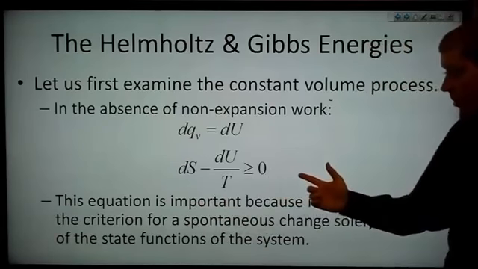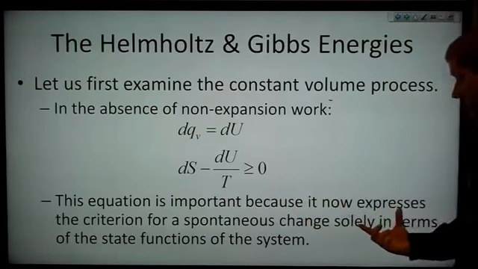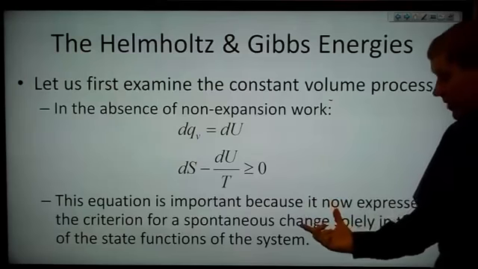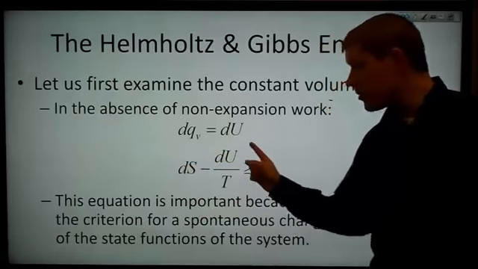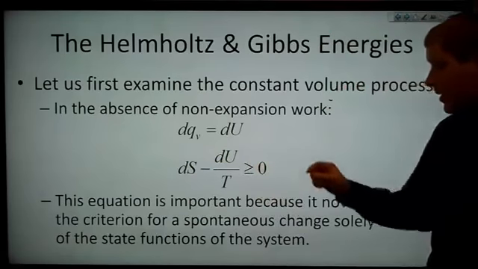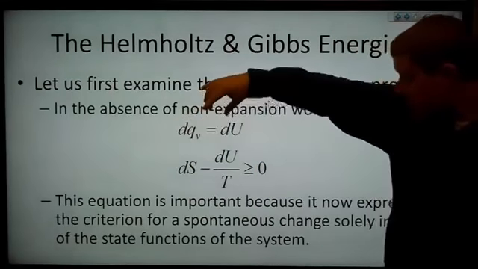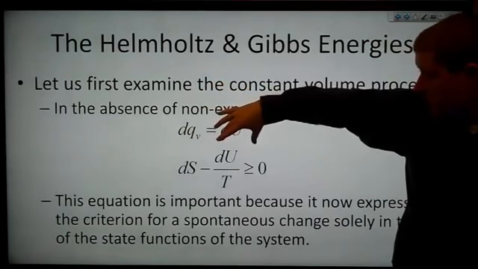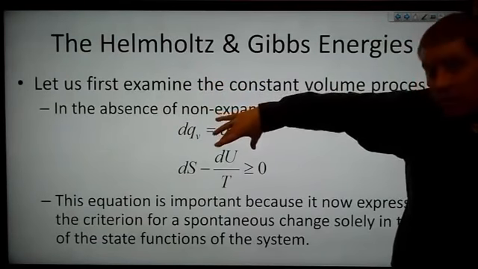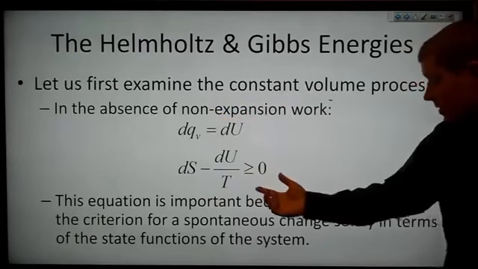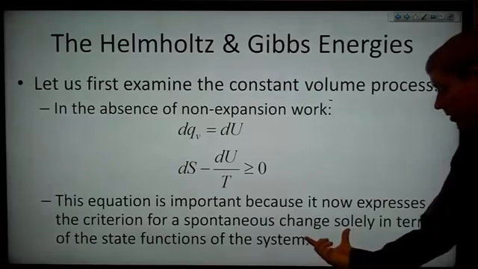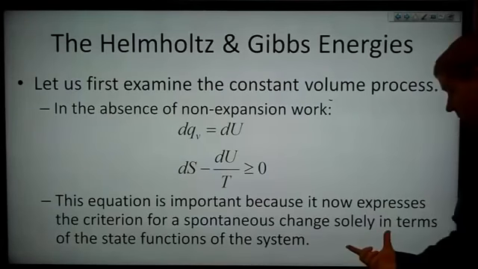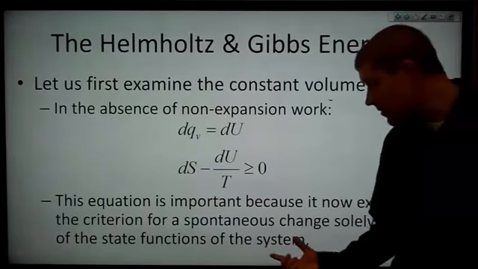And so this equation is important because now it expresses the criterion for a spontaneous change: that our change in entropy minus the change in internal energy divided by temperature is greater than 0. It expresses that we have our criterion for spontaneous change only in terms of the state functions of the system.